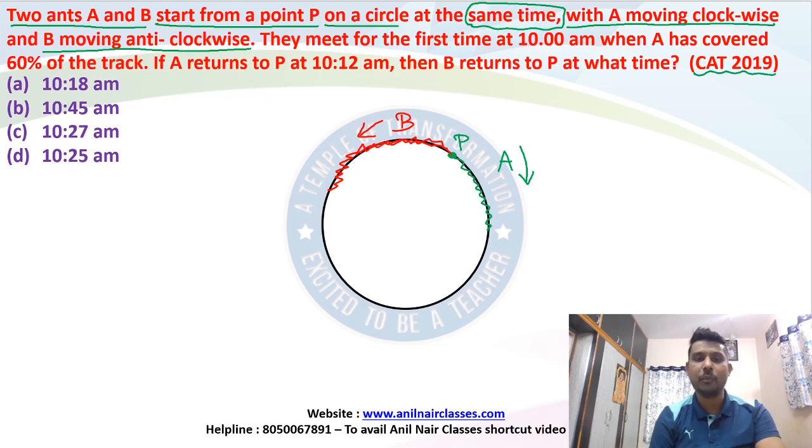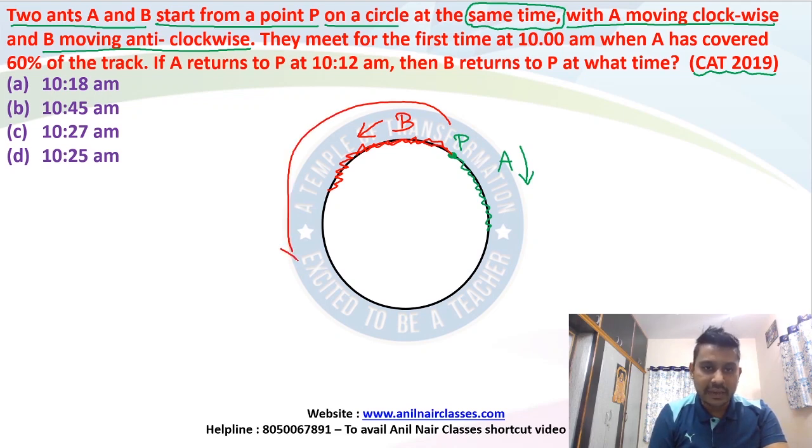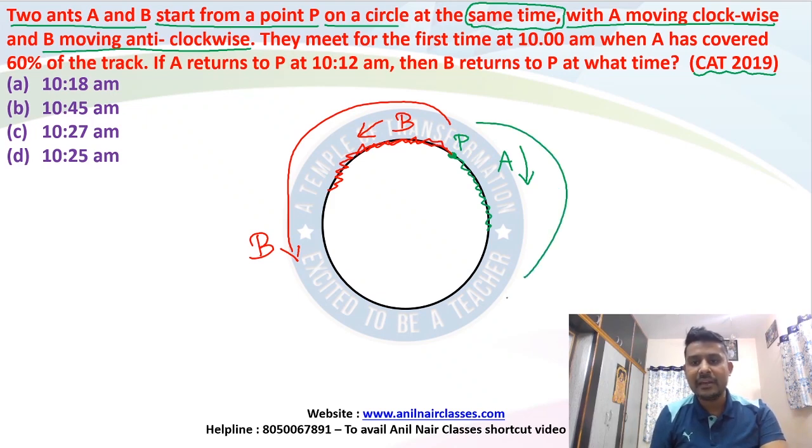I hope till this point there is no doubt. So ant B is moving like this in anti-clockwise, and for ant A let us use green color. The only problem with this question is I should keep on changing the colors. Ant A will move in the clockwise direction, as shown in the diagram.